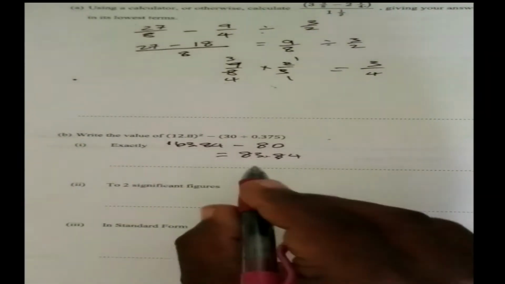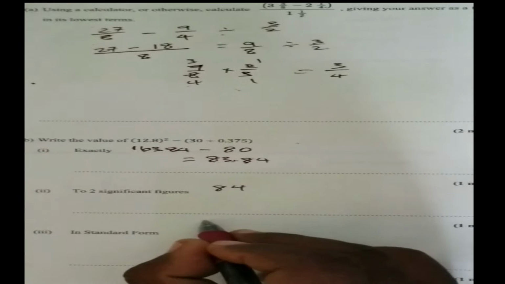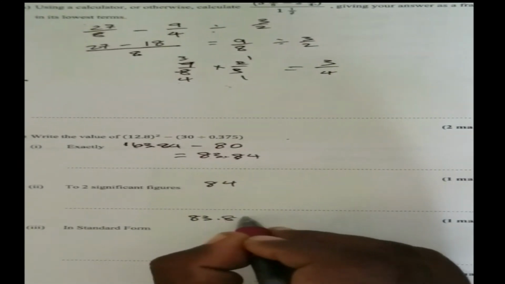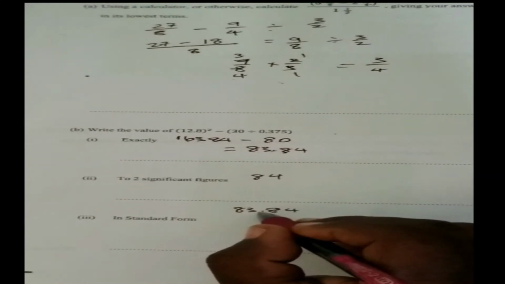Now we write our answer in standard form. Our answer is 83.84. Standard form is raising a number to a power of 10, using one digit between 1 and 9, so that when we multiply again, we get back the same answer. We see that 83.84 is raised to 10 to the first power.